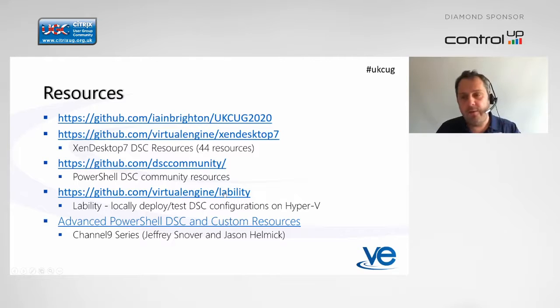Lability, if you want to test this stuff locally, Lability just makes it easy because it uses the same configuration file to spin up local lab test environments on Hyper-V. And if DSC is completely new to you, you'll want to dig into it. There's an excellent Channel 9 series hosted by Jeffrey Snover and Jason Helmick around the whole, what is DSC, how it fits together, writing your own custom resources, etc.